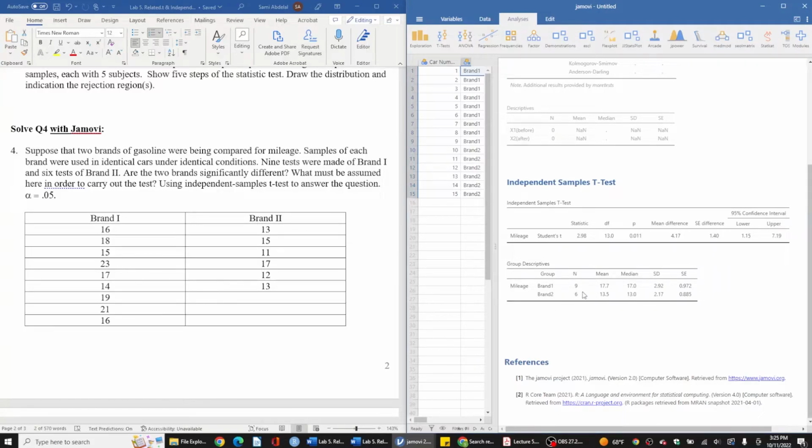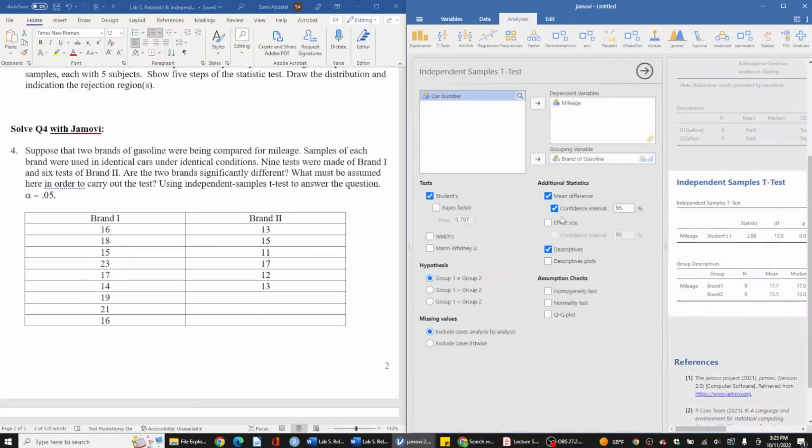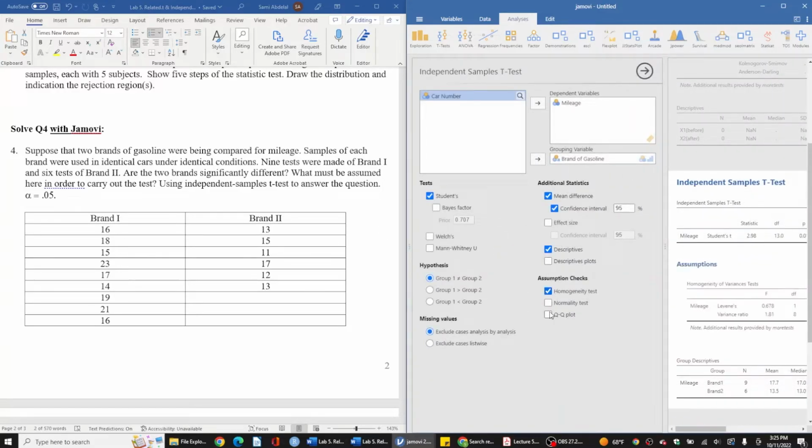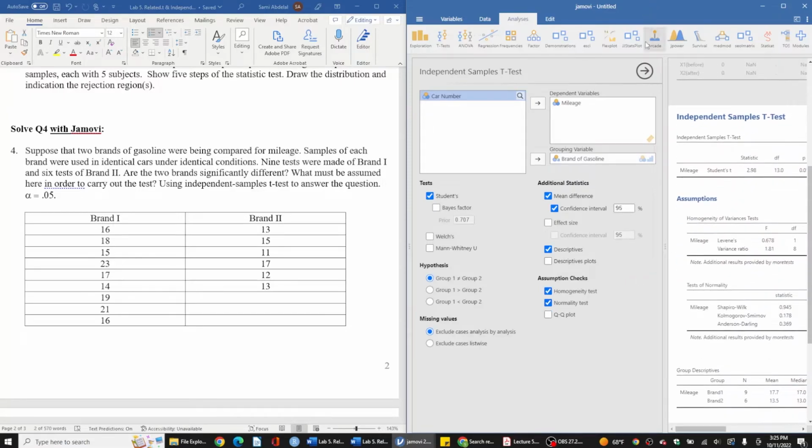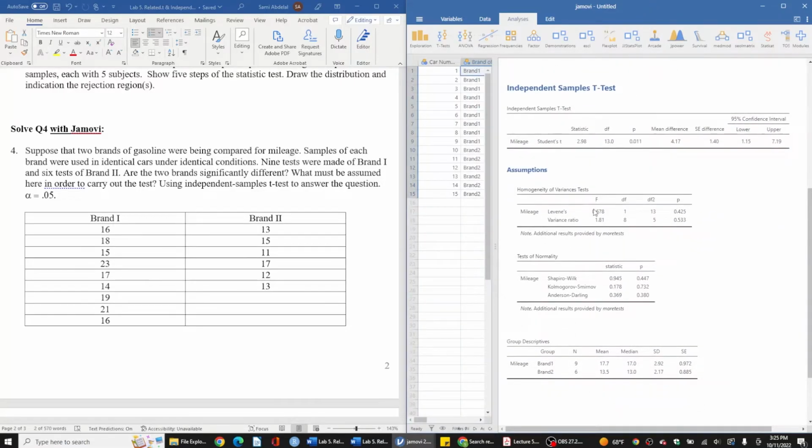So notice that the numbers in each group are different, and yet we're still able to compare them. The reason why this is so cool is if you just very quickly look at this p-value right here, it's not significant.